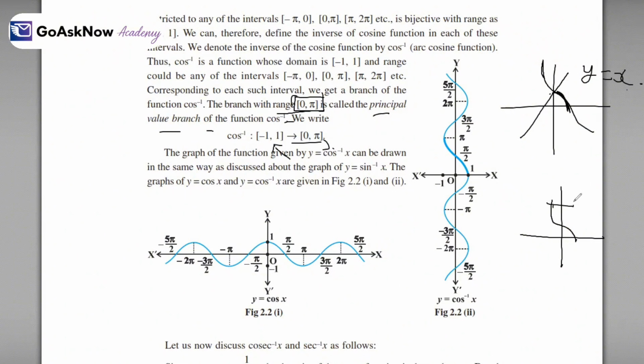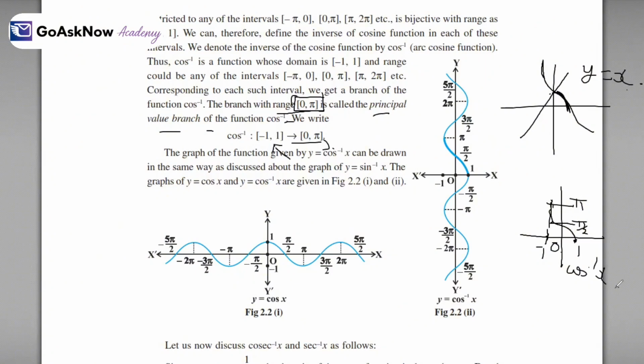Okay. So here it is your pi, and this is your 0 point, and this will be your pi by 2 point, and this is 1. This point is -1. So your graph of cos inverse x will look like this.